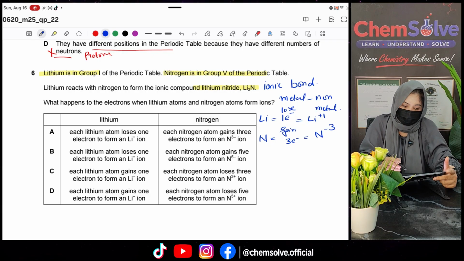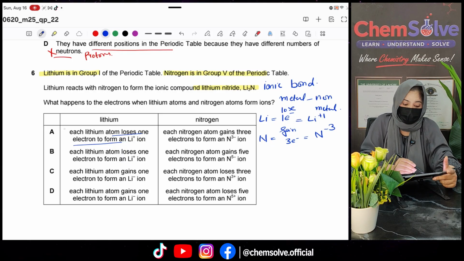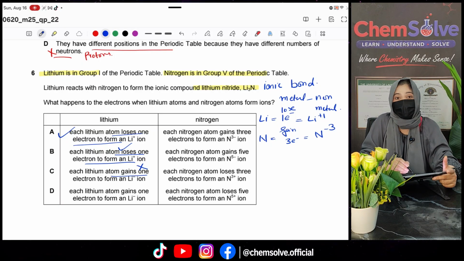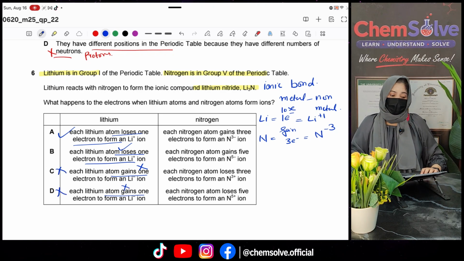So each lithium atom loses 1 electron to form Li positive 1. Yes. Each lithium atom loses 1 electron to form the lithium positive ion. Each lithium atom gains electron? No, it's a metal. It can't gain electron. So options C and D are incorrect.